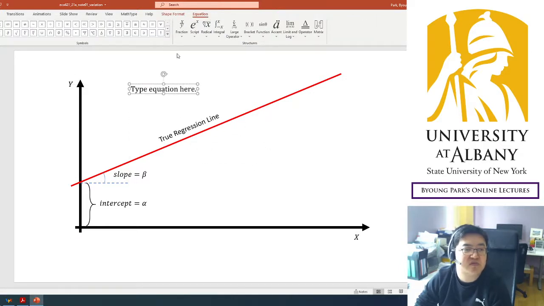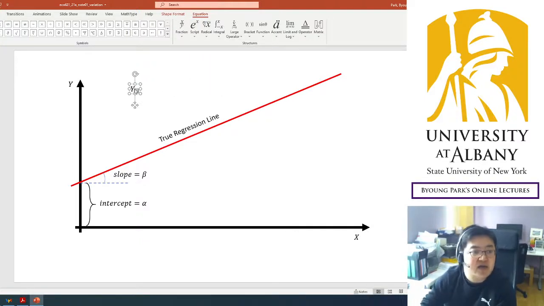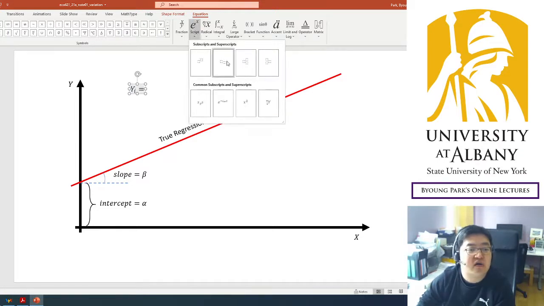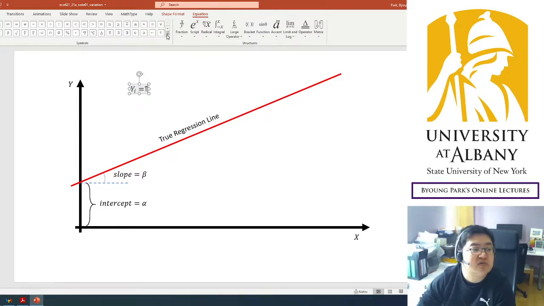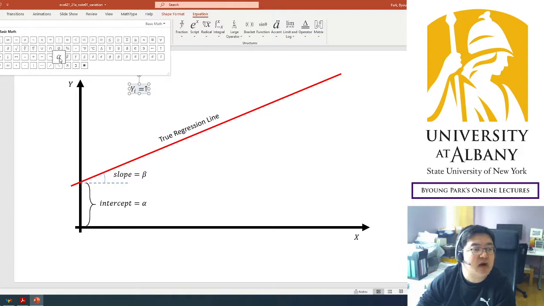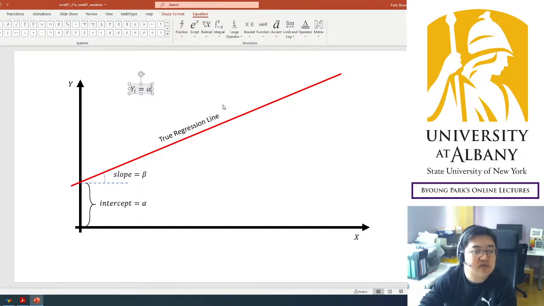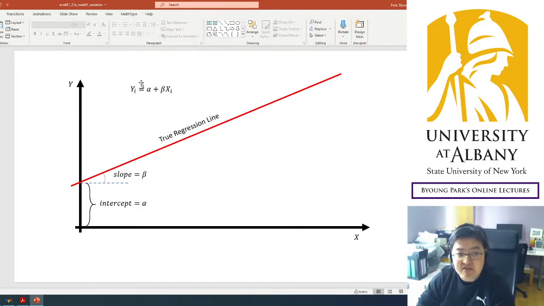So the true line can be written as y_i equals alpha plus beta x_i. So this regression equation can be written in this way.